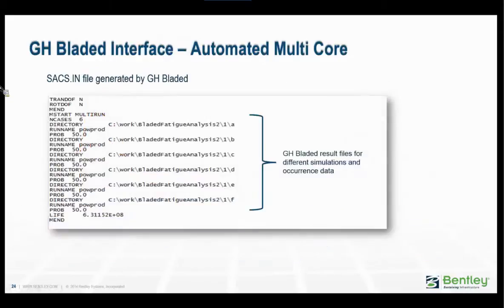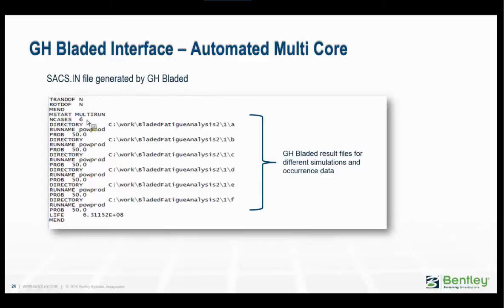Now, GH Bladed actually generates a control file for SACS. So the product will generate a SACS.in file. And again, this file will contain the model information, and right at the end of the file, it'll contain the number of simulations.